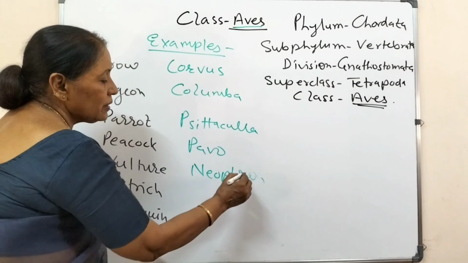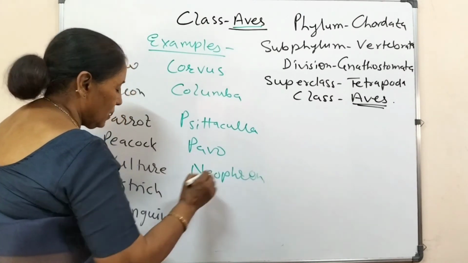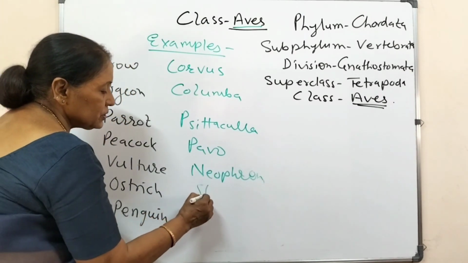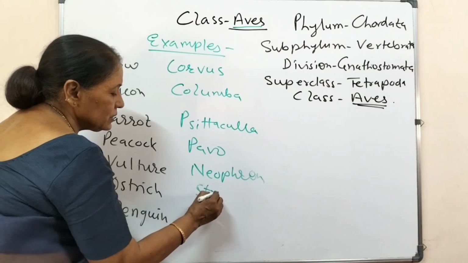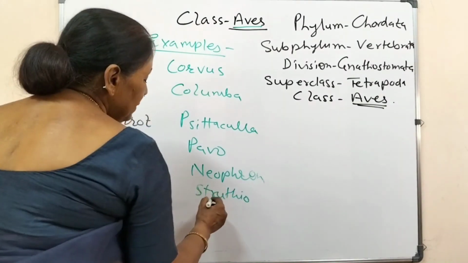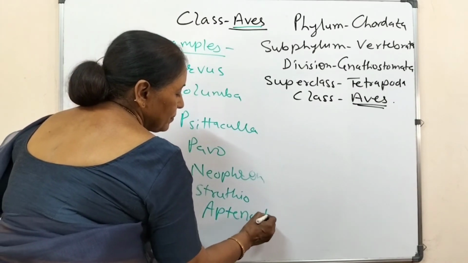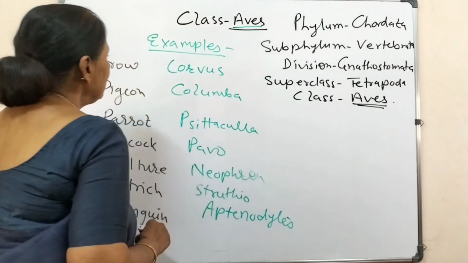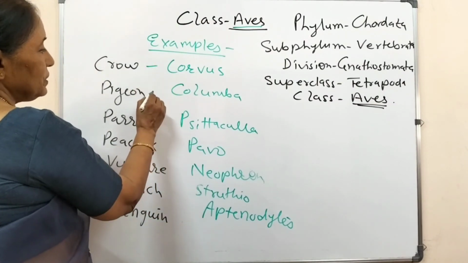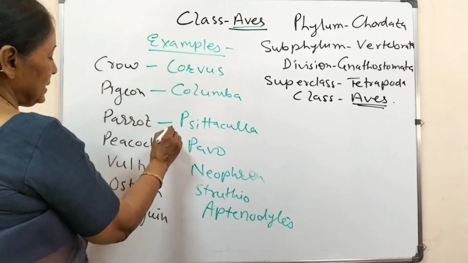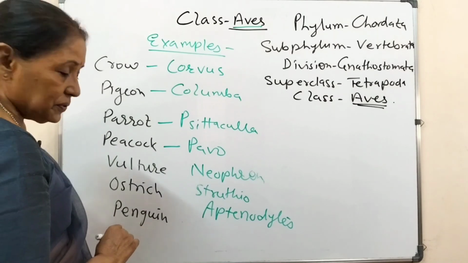Ostrich is Struthio. Penguin is Aptenodytes. Fine. Crow is Corvus, pigeon is Columba, parrot is Psittacula, peacock is Pavo.